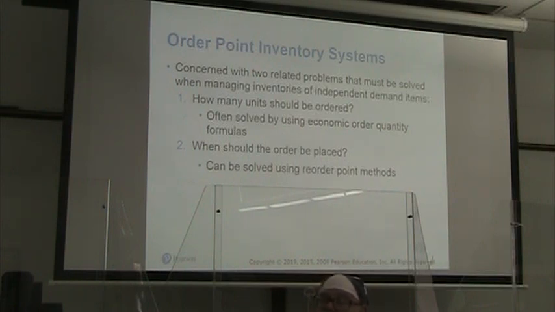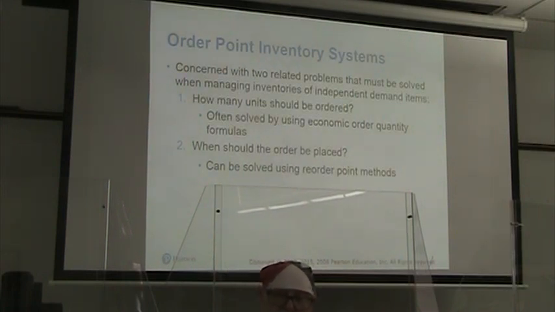That brings us to the idea of order point inventory systems. So we have two problems about managing inventory of these independent demand items that have to be solved. One is, how many units should be ordered? Usually we solve this by using any one of several economic order quantity formulas, right?